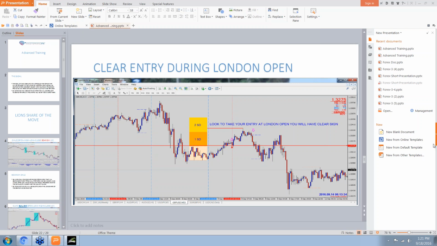GMT is basically local time for European London. That is correct. GMT is Greenwich Mean Time, so I would say it's more of a European time zone. It's just the way that the charts are plotted out.